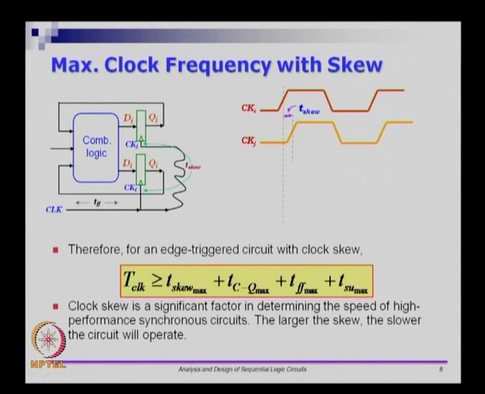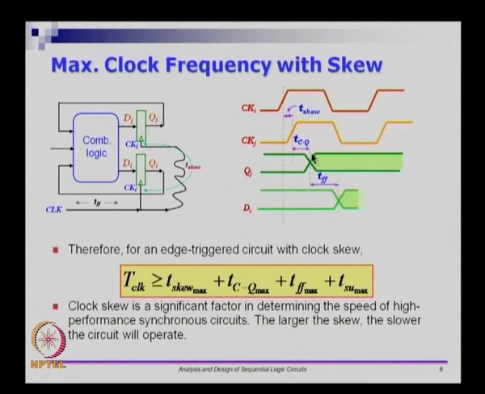Now if I want to look at the relationship between CKI and CKJ, let us look at the timing relationship. We are looking at the delay from flip flop QJ to flip flop I, the path starting from QJ going to I. The moment CKJ comes through, you have a clock to Q delay of the J flip flop, which you have to account for.